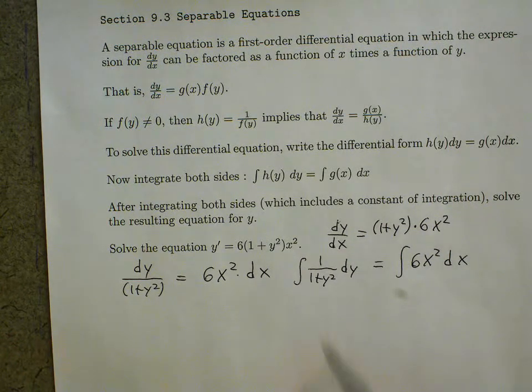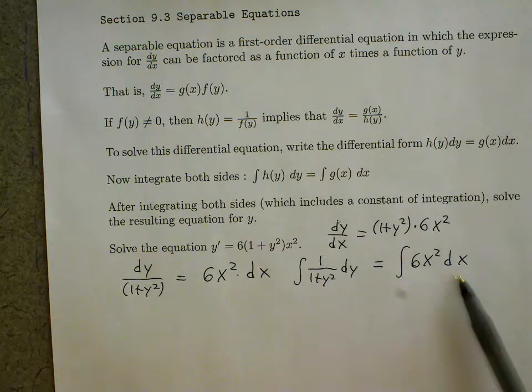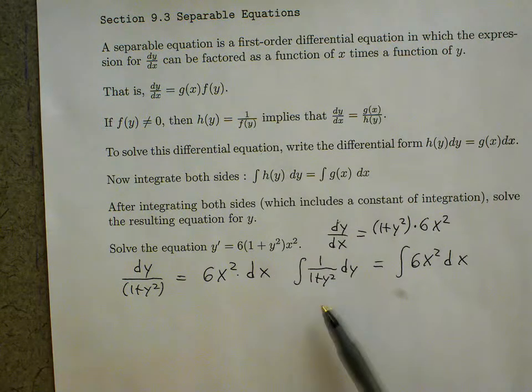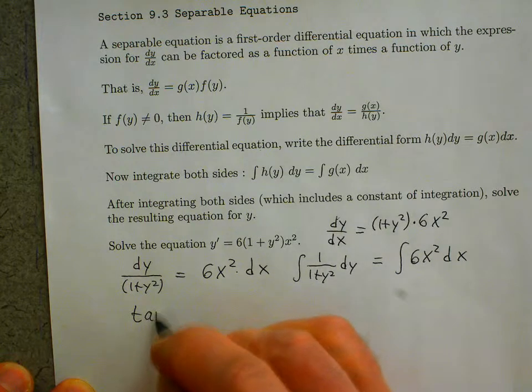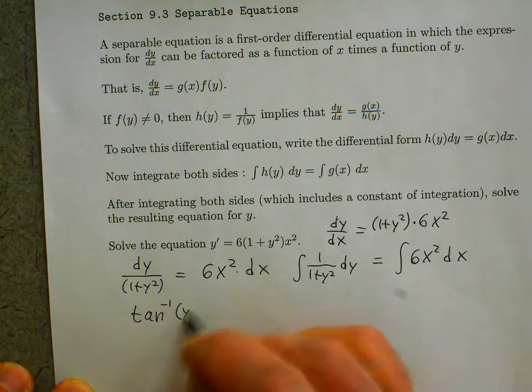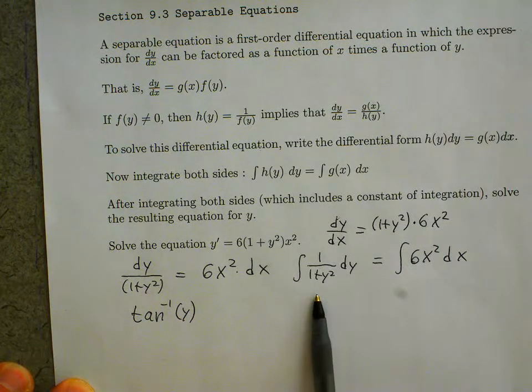We've integrated functions like this before. An antiderivative of 1 over 1 plus y squared with respect to y is the inverse tangent of y.